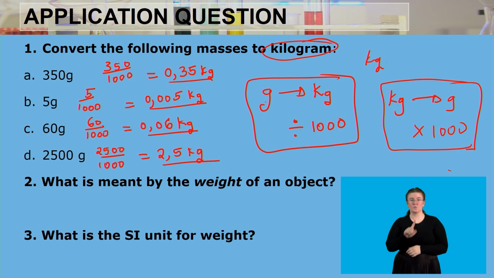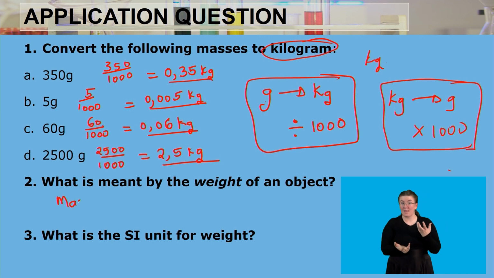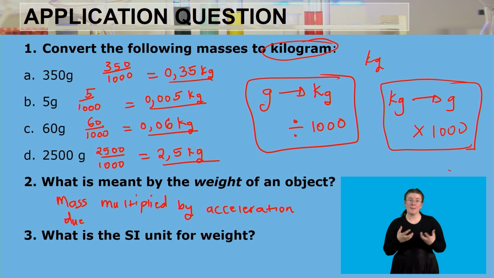Now, question 2. The question is now, what is meant by the weight of an object? So we do know that mass is the amount of matter making up a substance or making up a body. Now weight is mass multiplied by acceleration due to gravity.